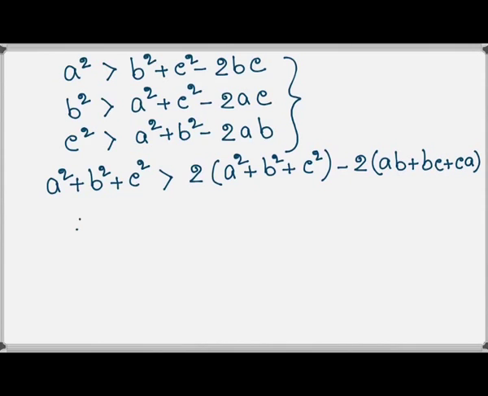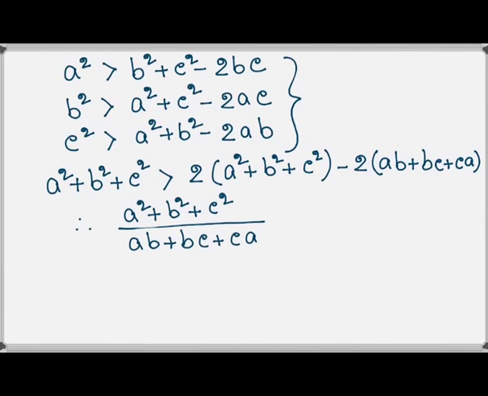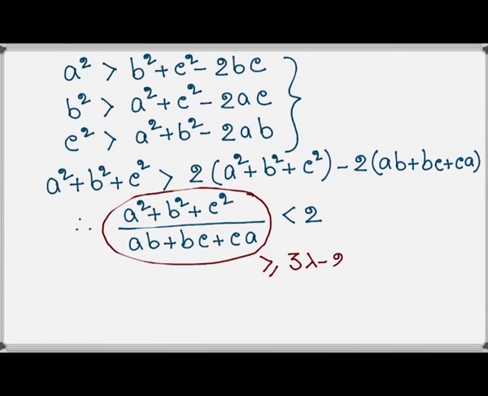So therefore we have (a² + b² + c²)/(ab + bc + ca) < 2. Now recall that we already had that (a² + b² + c²)/(ab + bc + ca) ≥ 3λ − 2.